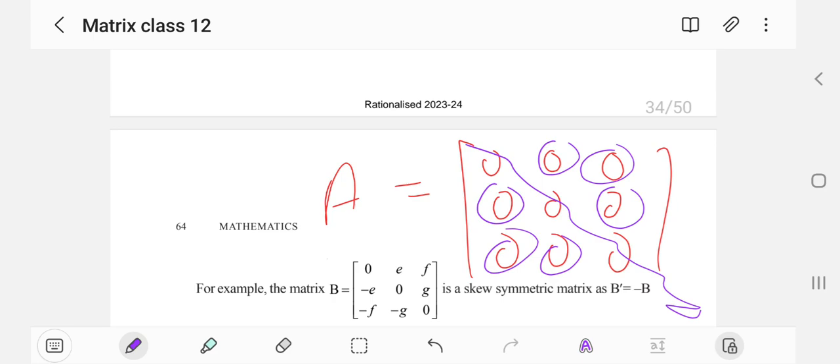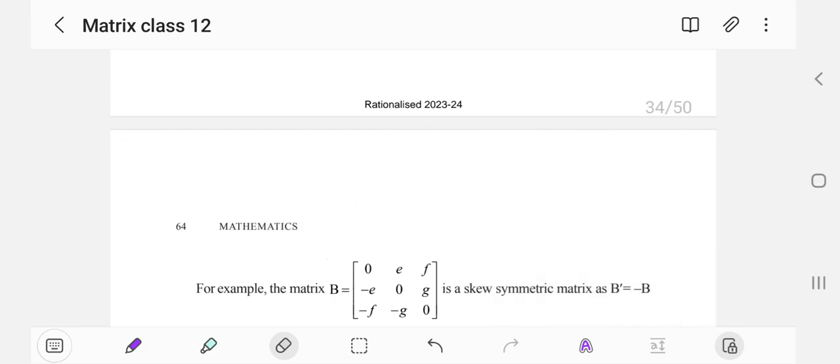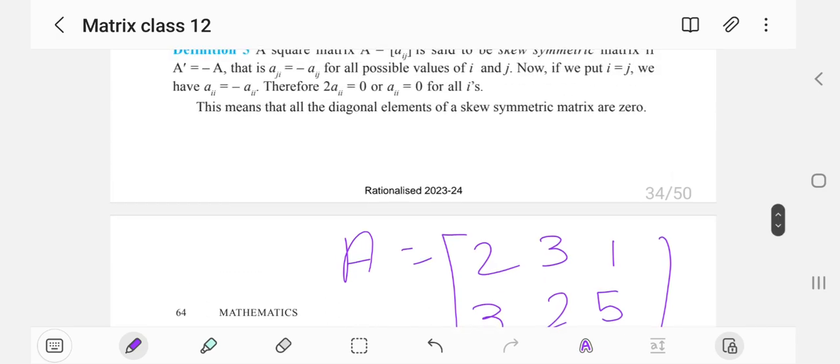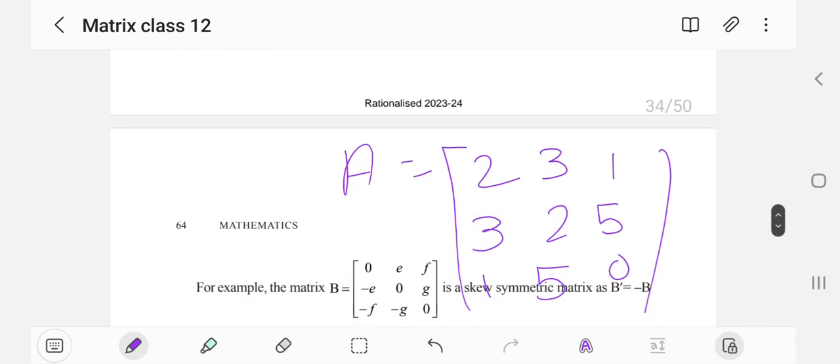Got it? Now let's look at another example. Say I have here 3 1, 3 1, here 2, here 0, okay, here 5, here also 5. Let me transpose it. Why am I telling you this example?